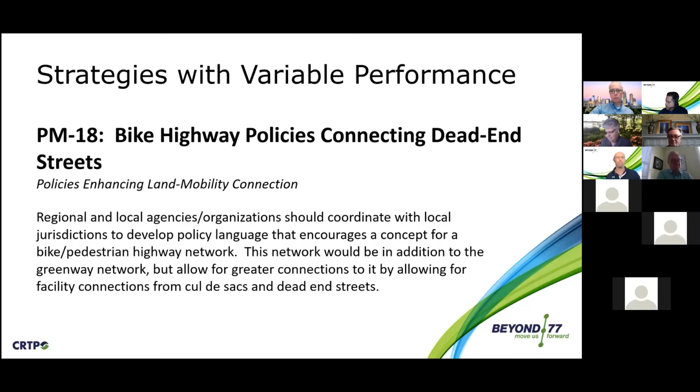Mm-hmm. But the example that comes to mind is simply if you talk to the people with Mecklenburg County Greenway, when they have even secured the rights of way as part of the subdivision design process to make these connections down to the Greenway network from cul-de-sacs, and they come back to actually do it when they build the Greenway, typically they are met with fierce resistance.